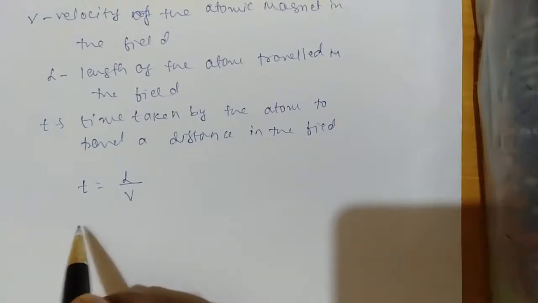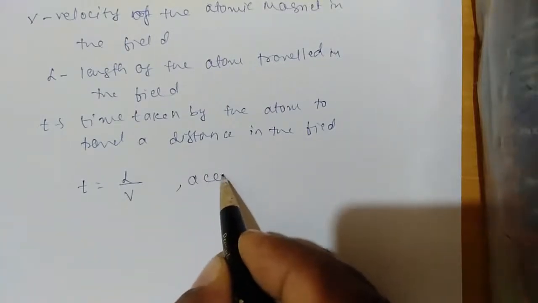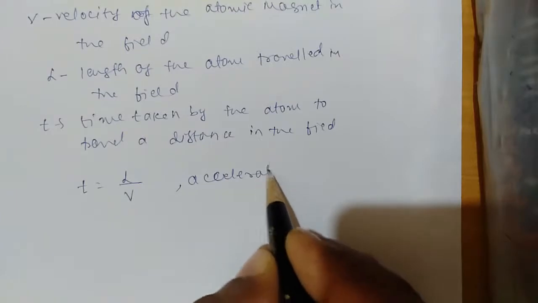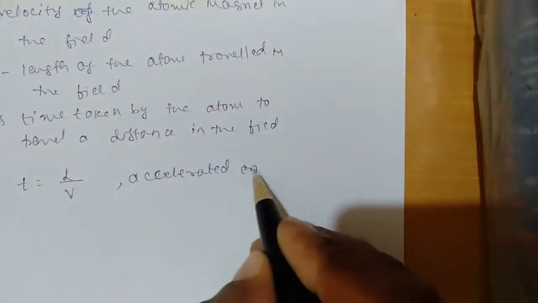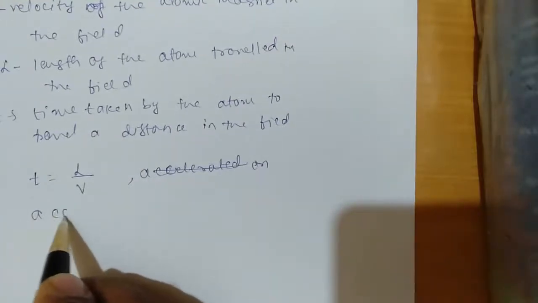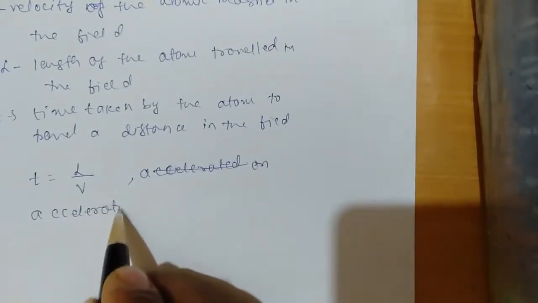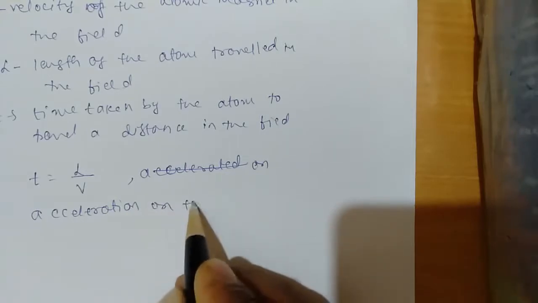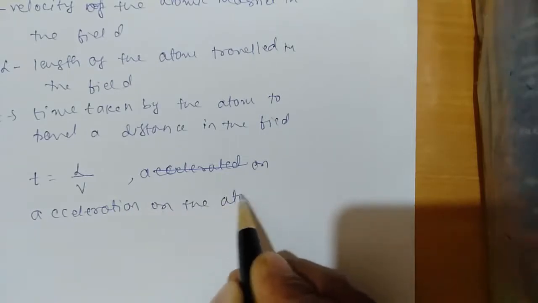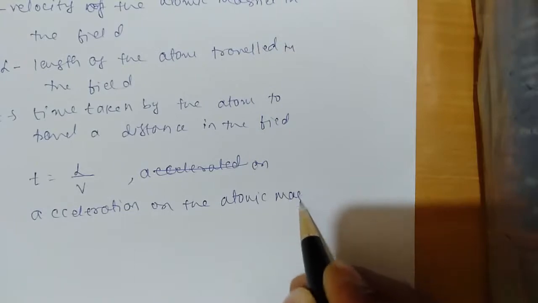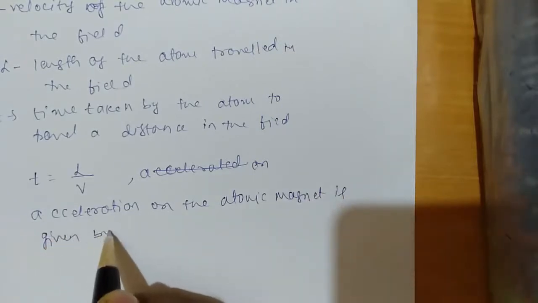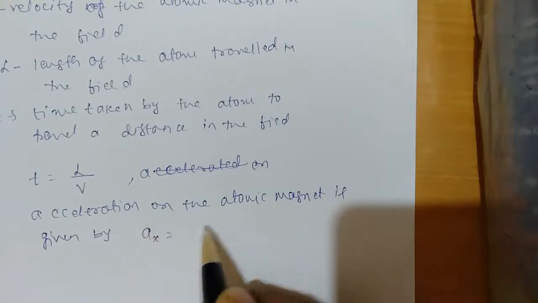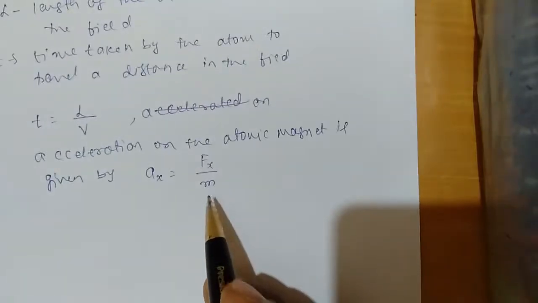Now we know that the acceleration on the atomic magnet is given by Ax is equal to Fx by m, where m is the mass of the atom.